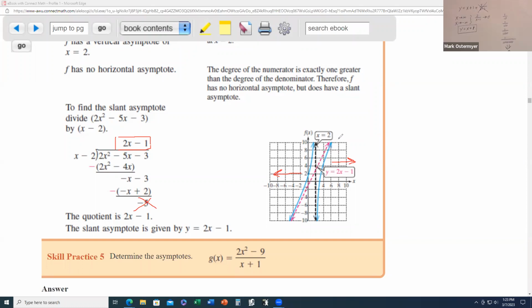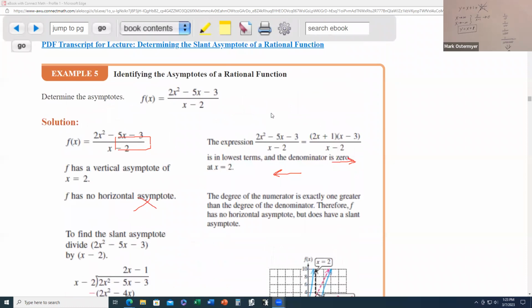And notice there's also a vertical asymptote for this rational function, which would be what? Would be x equals 2, correct? Notice because x minus 2 does not cancel out with any factor in the numerator, we do have a vertical asymptote at x equals 2.